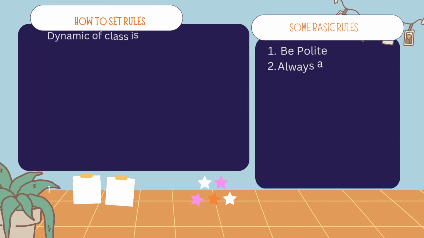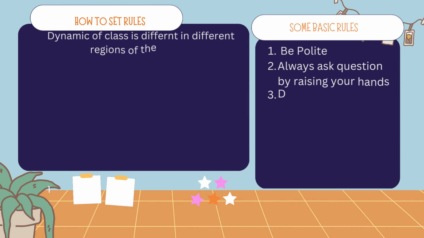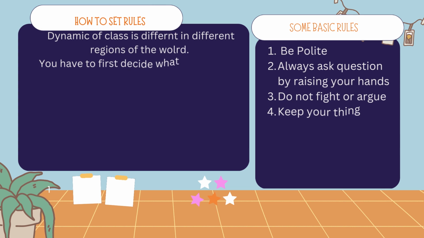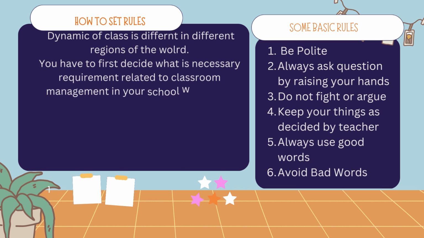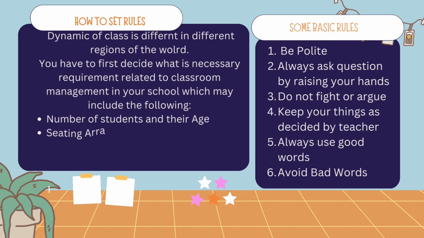So what are some basic rules, and how do we set rules? We can engage and involve students to set the rules. The dynamics of the classroom are different in different regions, in some countries, in some continents, and even in the same city, in different areas. So you first have to do some brainstorming according to your area, your region, your school system. What are the dynamics?